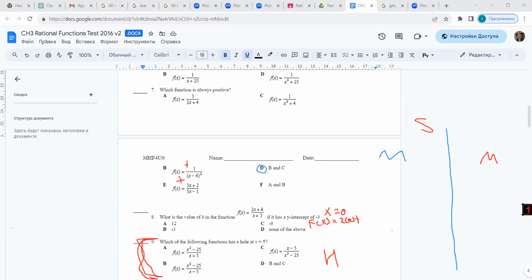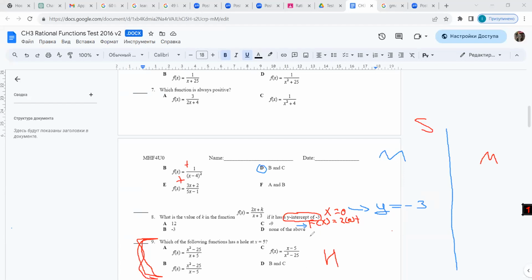I'm gonna give you a hint, Mohammed. It also says that y-intercept is -3. So when x equals 0, then y equals -3. So you can use it in your solution right away.